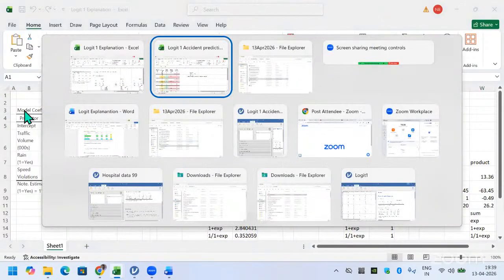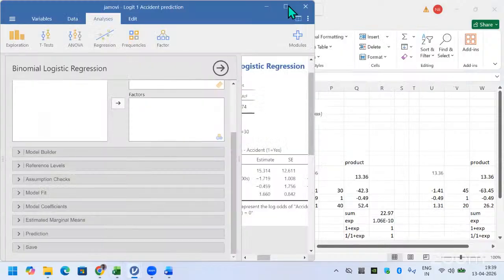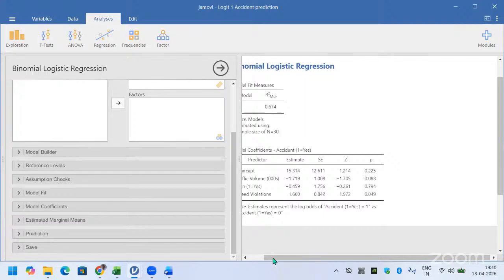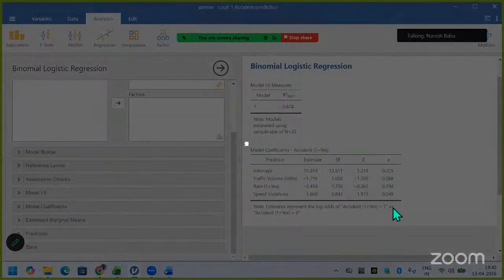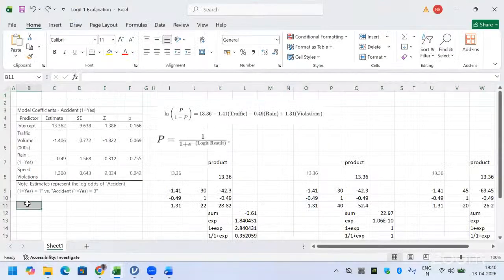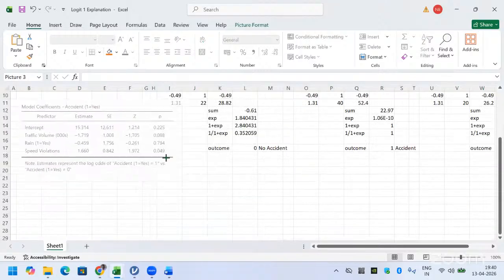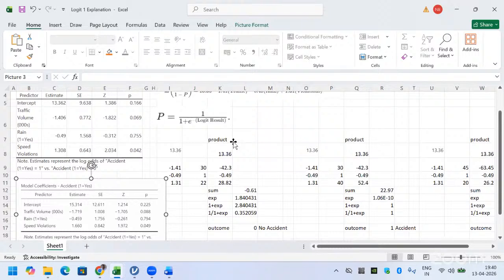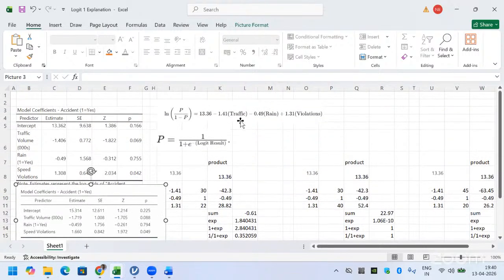I'll copy this table and this output, and paste it here. Now you can see I've pasted this value here. Now, as per my explanation, this is my equation.